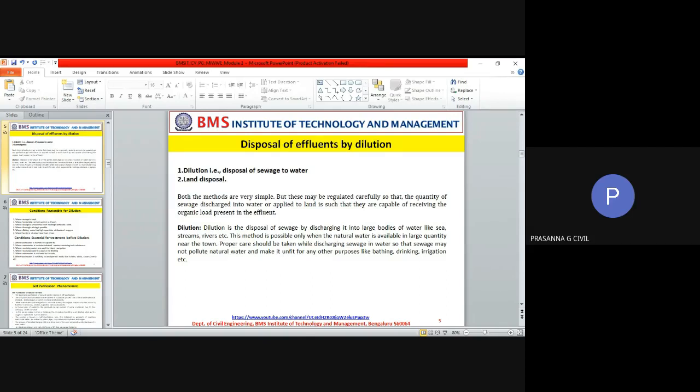So you would have read articles. Many of you would have even experienced that neighboring lakes in areas in Bangalore itself have experienced apartments and other big residential societies just connecting their wastewater line underground into a lake system.